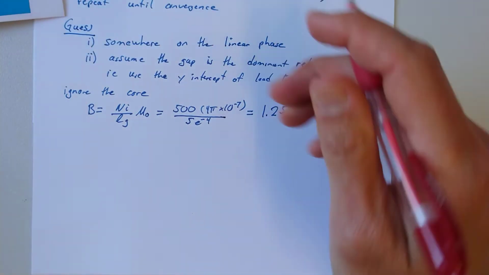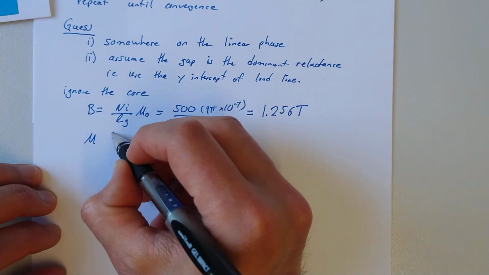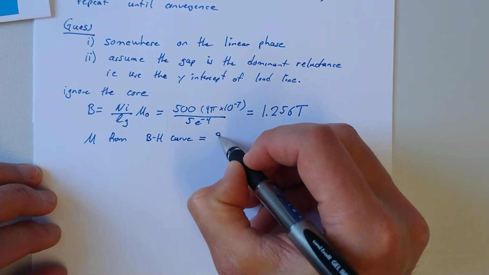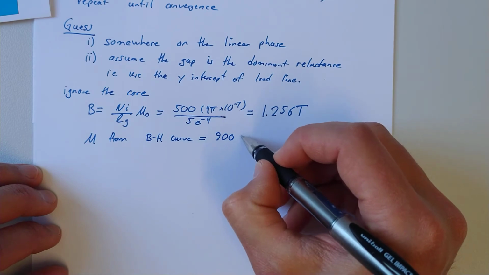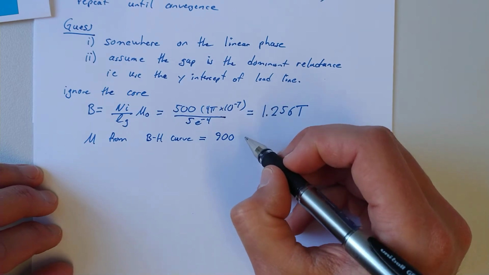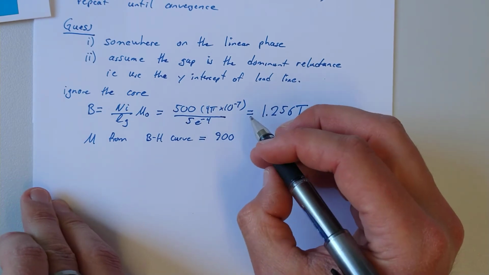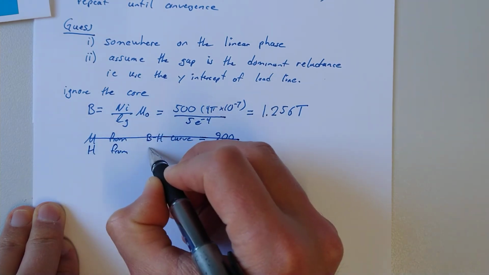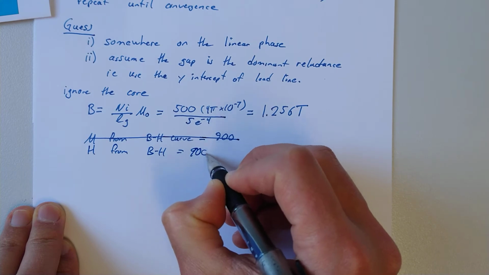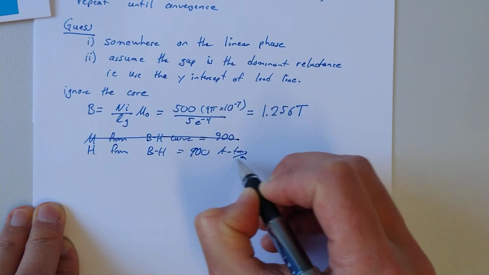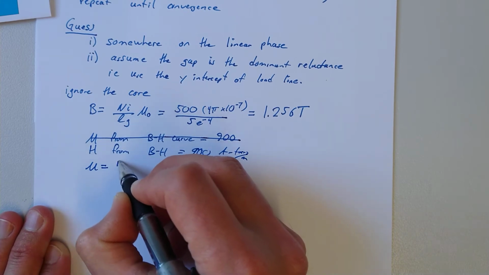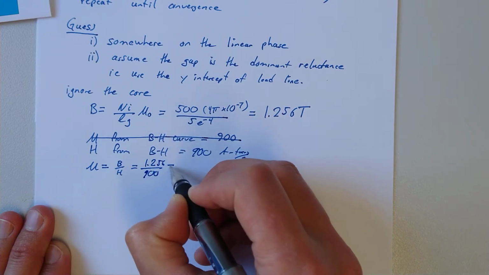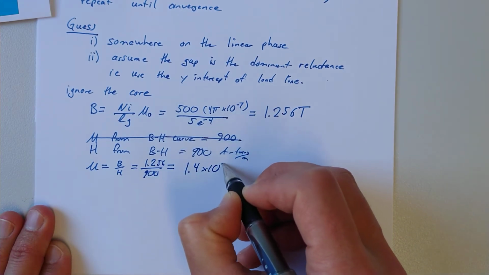So H from the BH curve is equal to 900 ampere turns per meter. Then we can calculate mu as B over H, or 1.256 over 900. That's 1.4 times 10 to the minus 3.